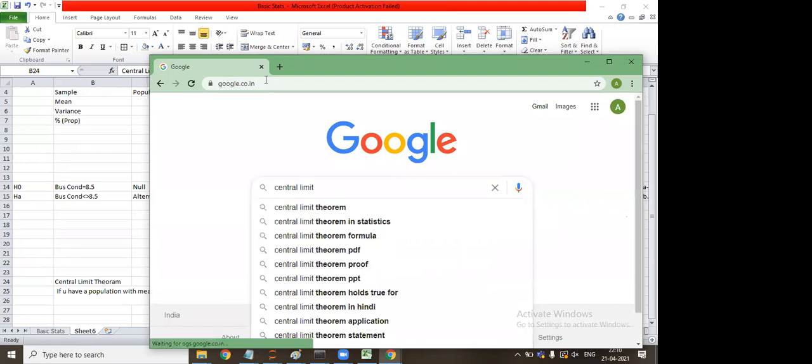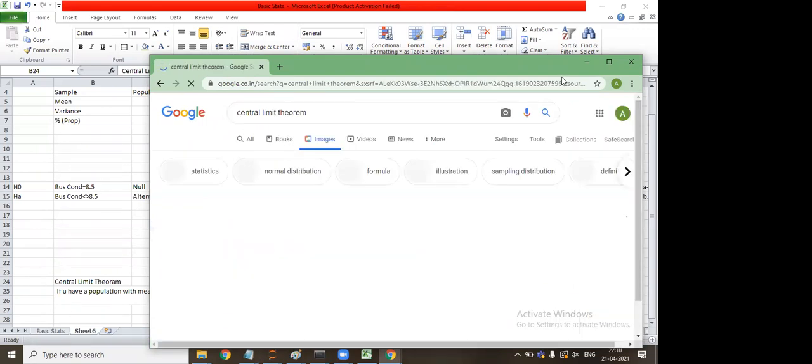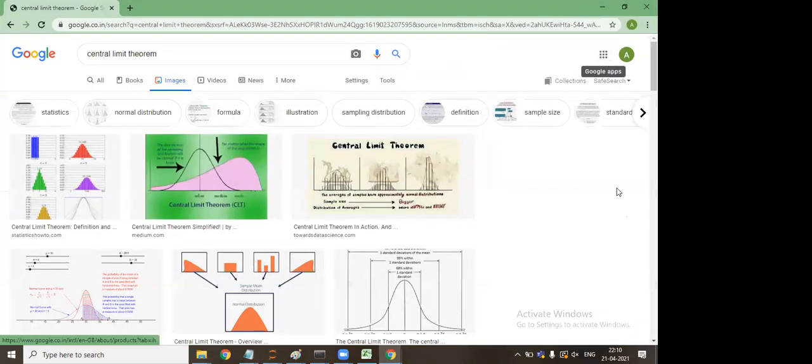The mean of each sample represents the normal distribution. When you plot the means of the samples, it will start following a normal distribution.